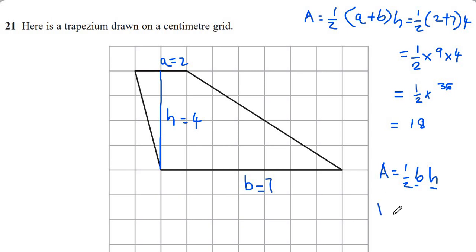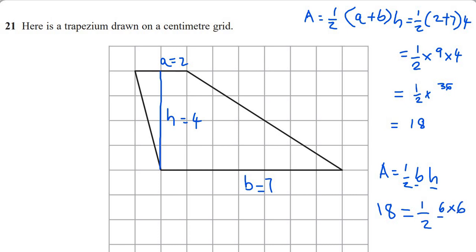So if area needs to be 18, and we also need to have a half here, so maybe let's say half of 36 is 18, so we need to get a product of 36 for the base and the height. So maybe now 36 you can get by multiplying 6 by 6.